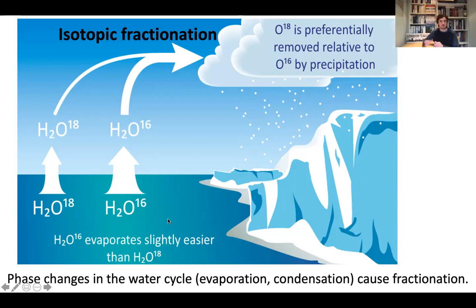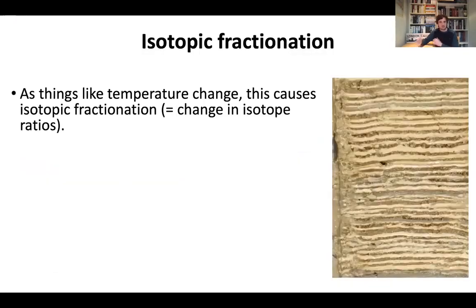So as things like temperature, sources of rainfall, amount of rainfall and evaporation change, which we'll talk about later, this causes a change in the isotope ratio, isotopic fractionation.